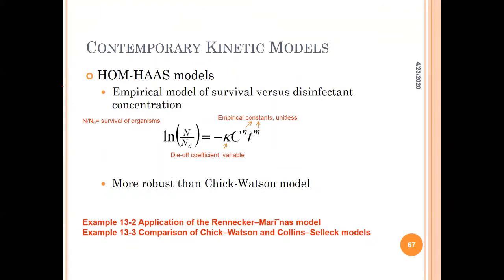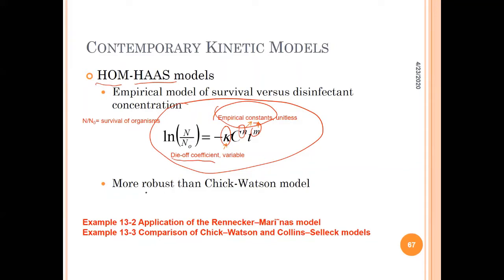And there is another model we call the Hom-Haas model. Two scientists presented this empirical model, not based on any theoretical background, but based on experiment. This is very similar to the Chick-Watson law, but here there are some empirical constants, n and m, and this constant is the diffusion constant, kappa.